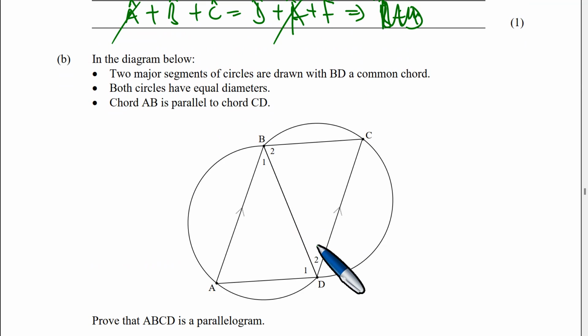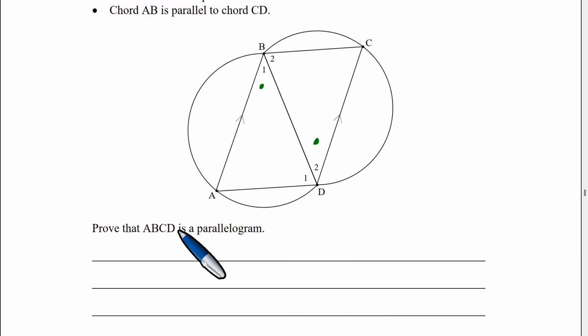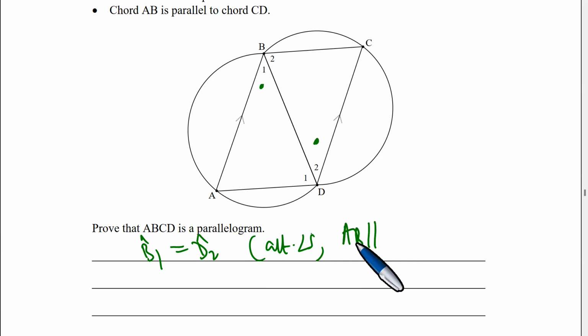First things first, we're able to see that angle B1 is equal to angle D2 because these are alternate angles. So we start by saying that angle B1 is equal to angle D2. Why are they alternate angles? They're alternate angles because AB is parallel to DC.